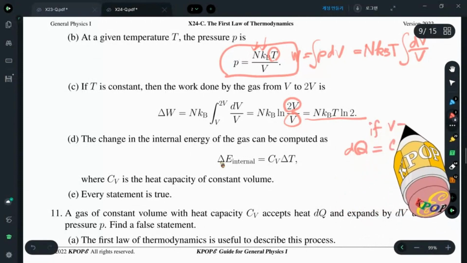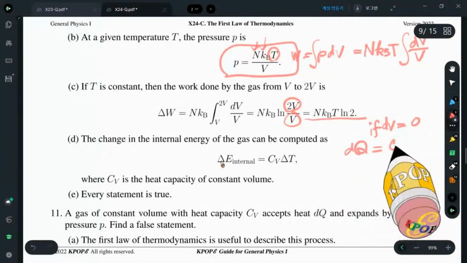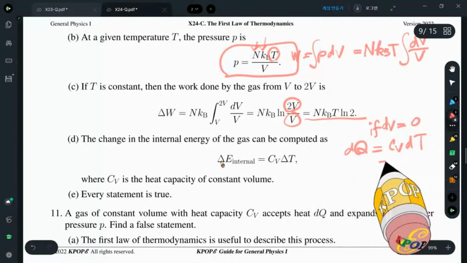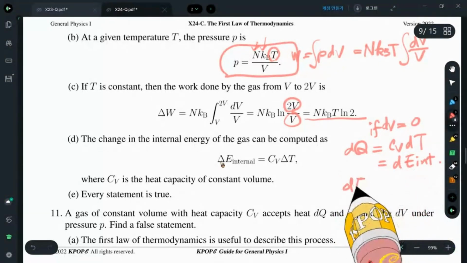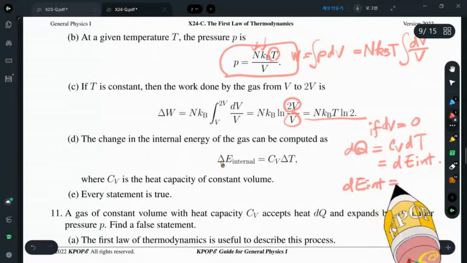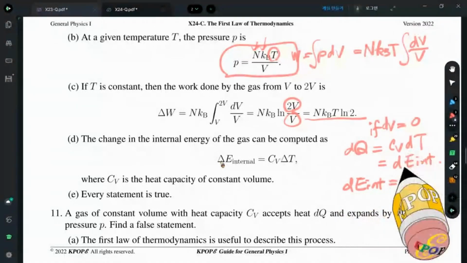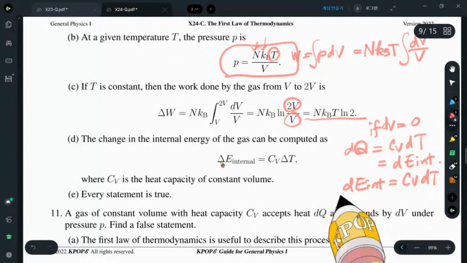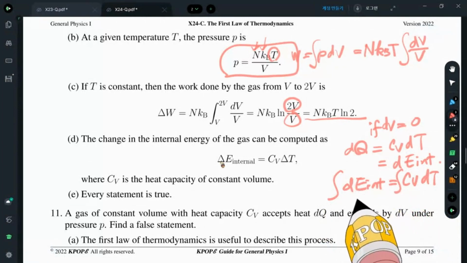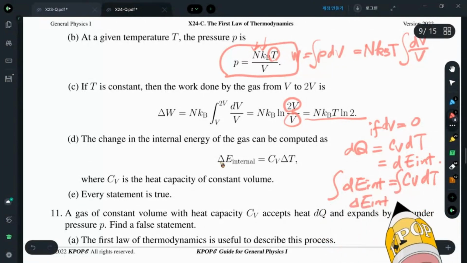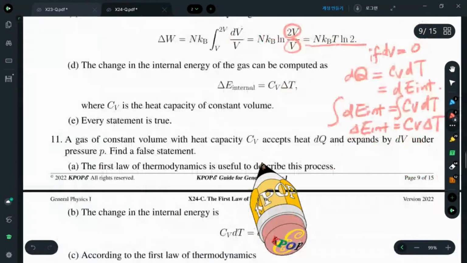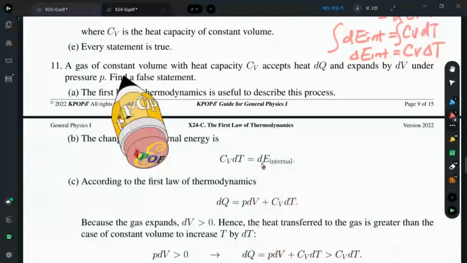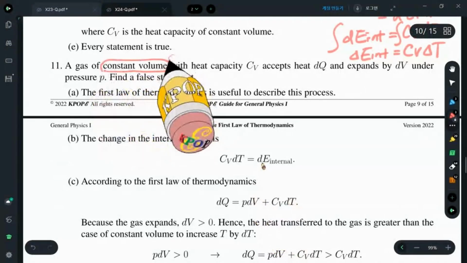If dV equals 0, CV dT. That is internal energy. Internal energy change can always be expressed in terms of CV dT, and if you integrate by a finite amount, you end up with delta E equals CV delta T. Problem 11: a gas at constant volume.